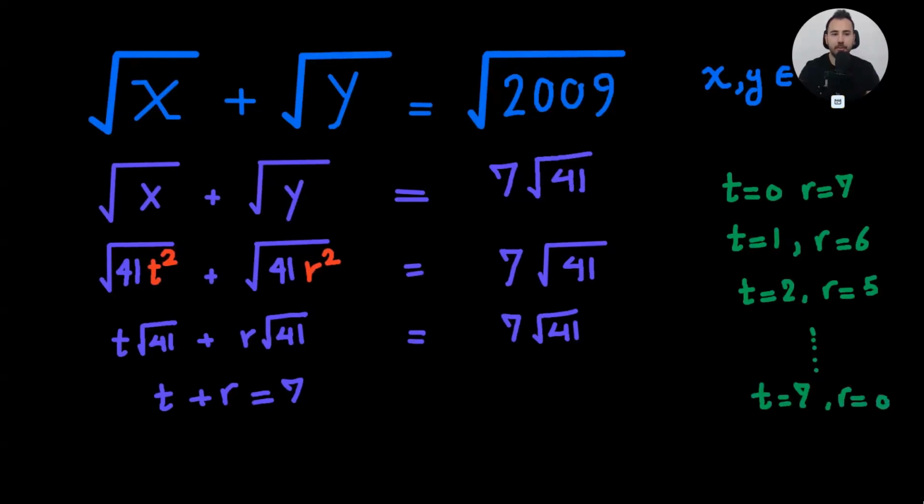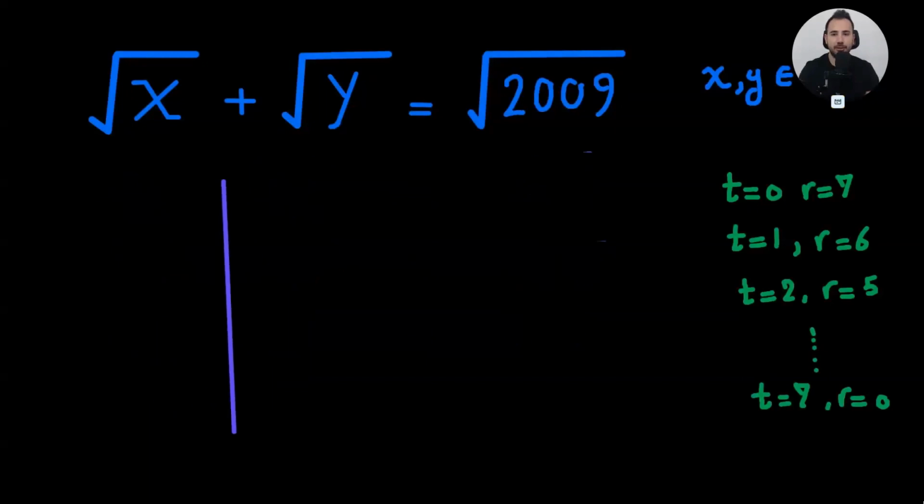So we're going to make a list of all the solutions. We earlier had x equal to 41t squared and y equal to 41r squared. All we have to do is plug in these values and get all the solutions.